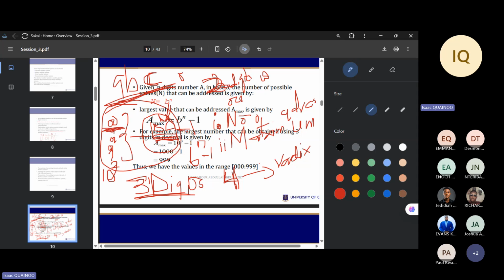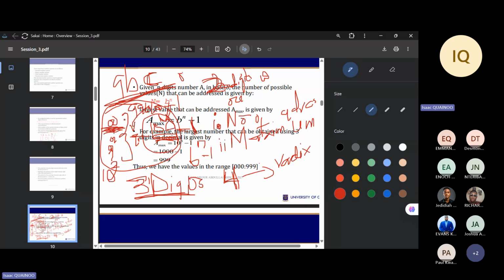Technically, when we are counting, this 00 creates a false value, which raises the number from 99 to 100. I don't know if you are getting me. So we need to subtract that 1, which is a false value, in order to return us to the largest number in there. Look, we can arrange 00, 01, 02 up to 99.